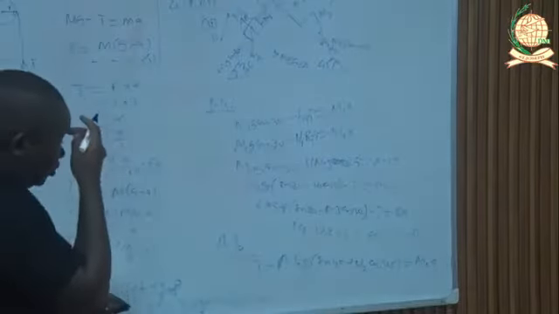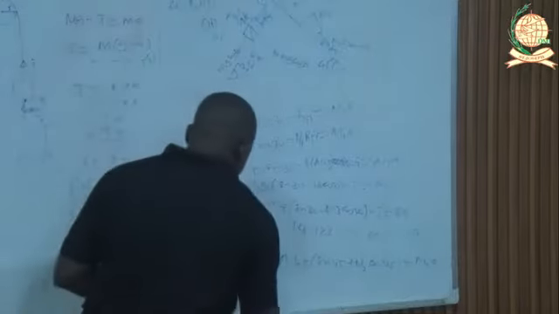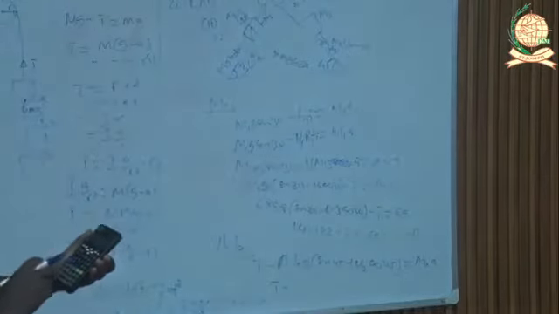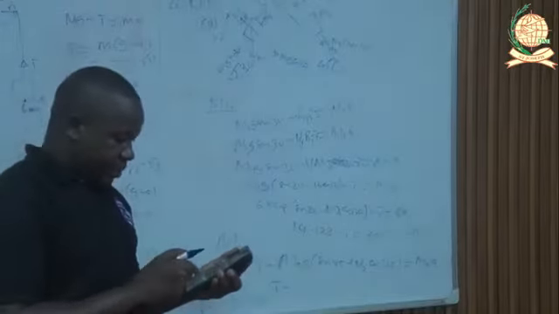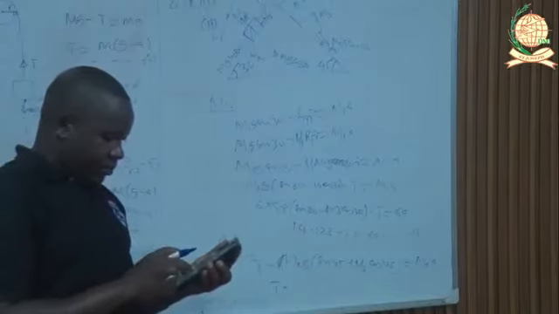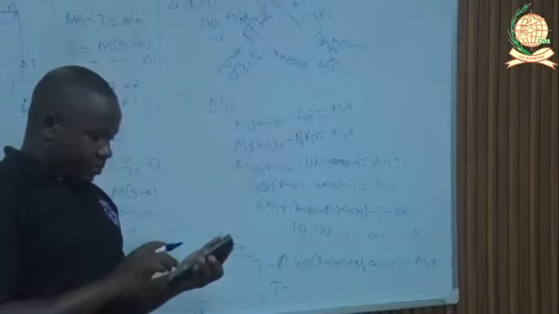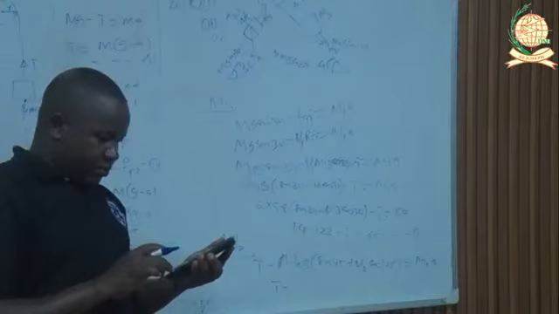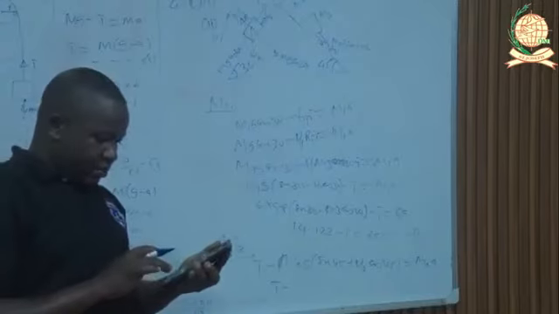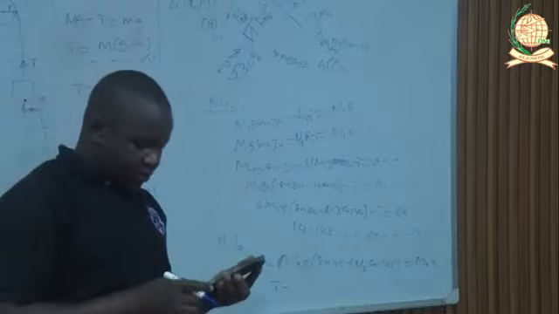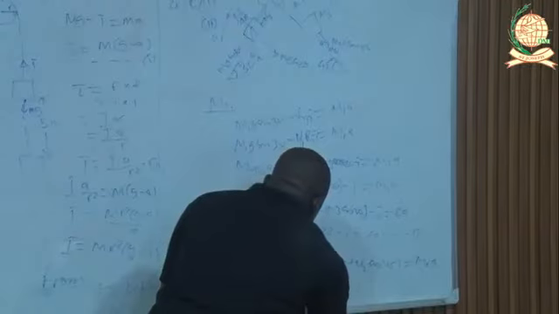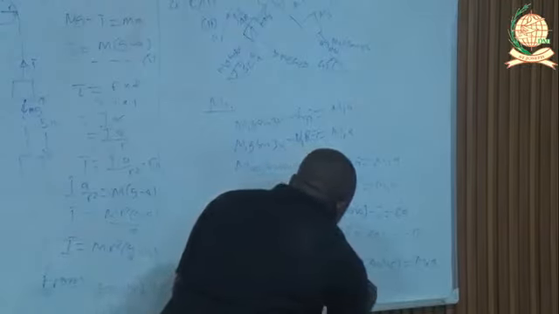If we substitute the value of M2 and the mu2, you get tension minus 9 times, you get 74.22, 2 equals to 9a.